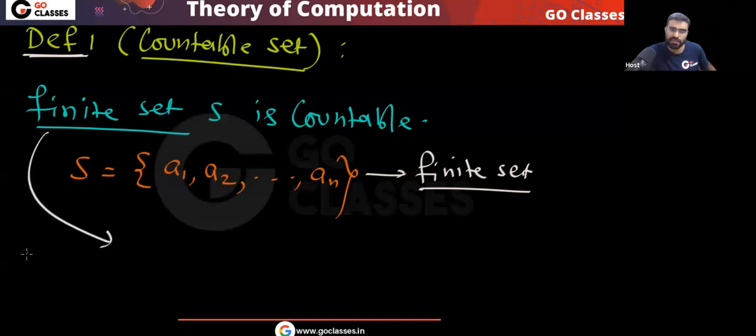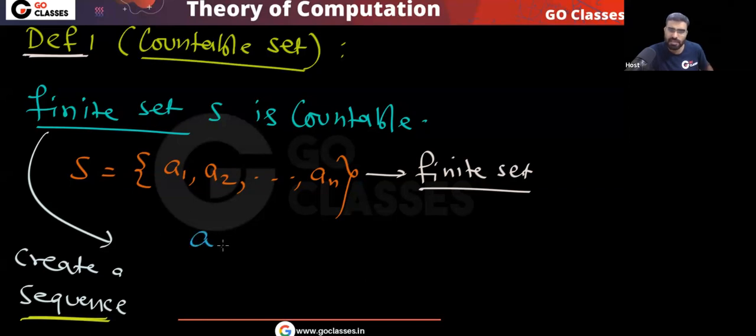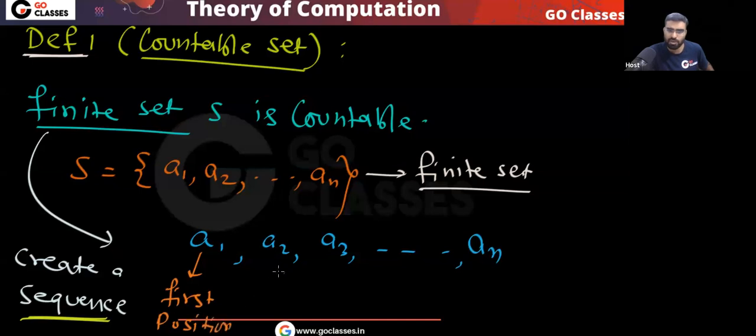Yes, we can create a sequence. I can put A1, then A2, then A3, and so on. This is the first position of the sequence, and this is the second position of the sequence.